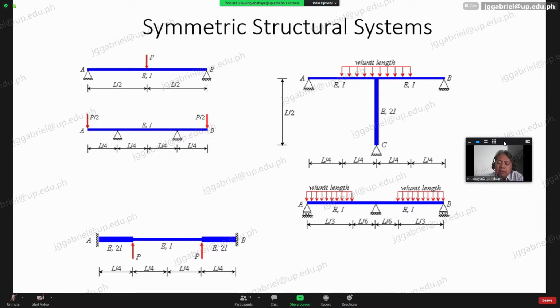The moment of inertia of a rectangular section, not at its base but at its center of gravity, is BH cubed over 12. Now, take note, the H there is cubed.